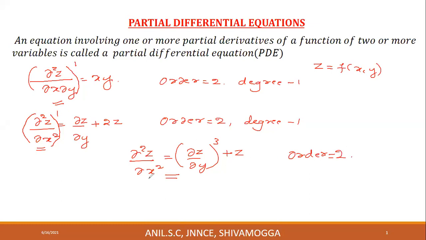Highest derivative occurring in this equation is 2, second derivative. Therefore, order is 2. And what is degree? 3. Oh, it is not 3. You consider highest derivative occurring in the differential equation and its index is 1. This is called degree. Second order and first degree equation. Clear?